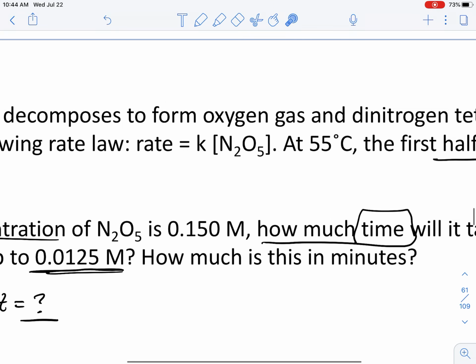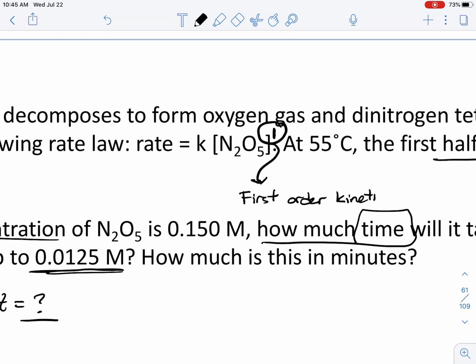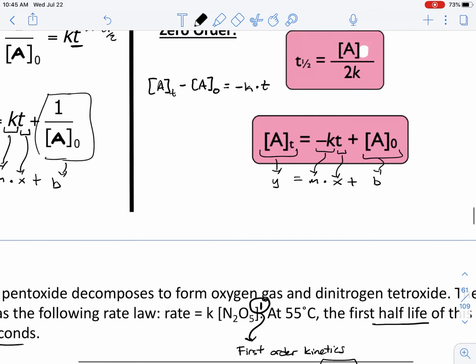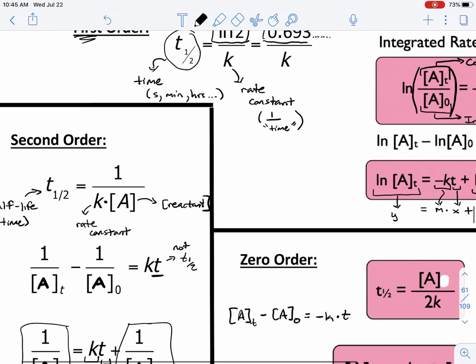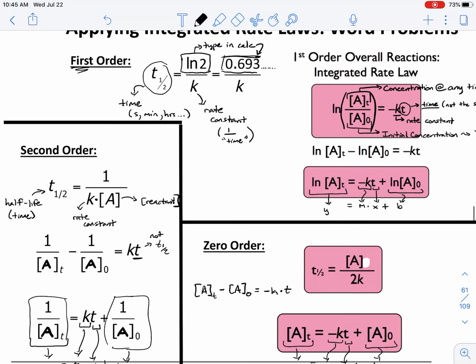Whenever you guys see that, it means that there's an invisible 1. And so this rate law is telling us that this reaction is undergoing first order kinetics. And that is critical information that we need because it now allows us to focus on which equation we're going to be employing.